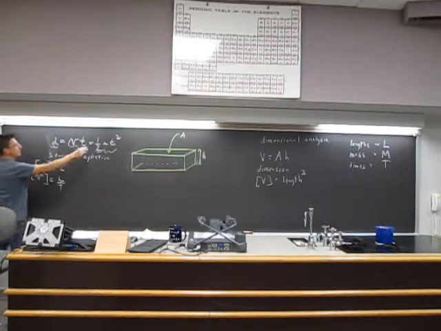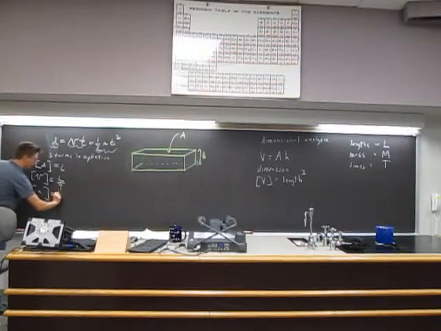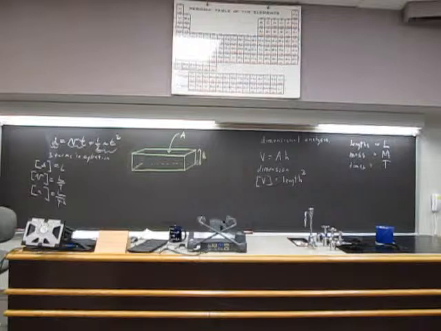And the dimension of acceleration is how much the velocity changes in some time. And we'll talk about this a lot more later, but the dimensions are L over T squared. So it's velocity divided by a time.